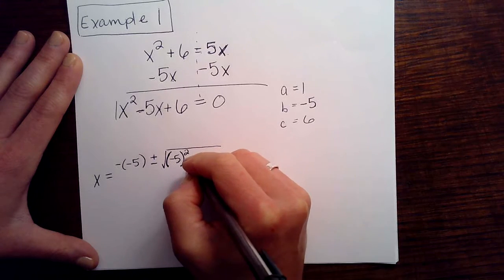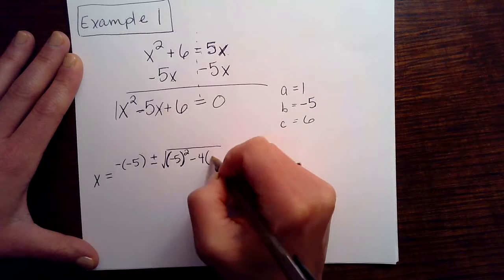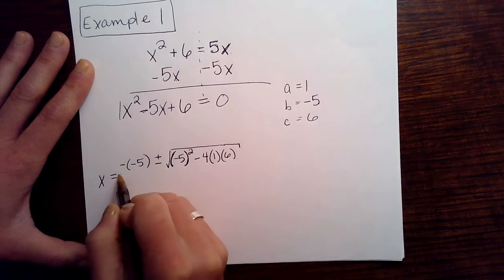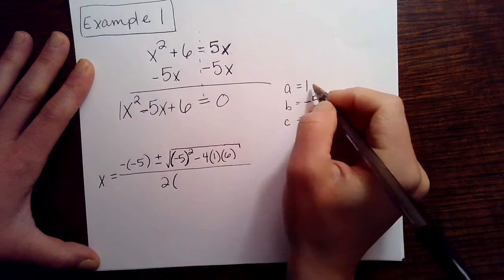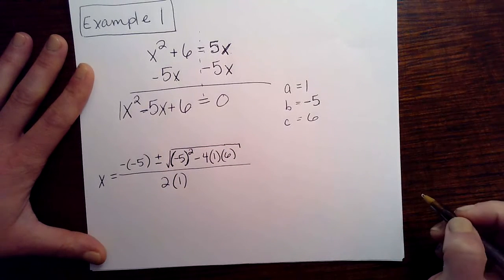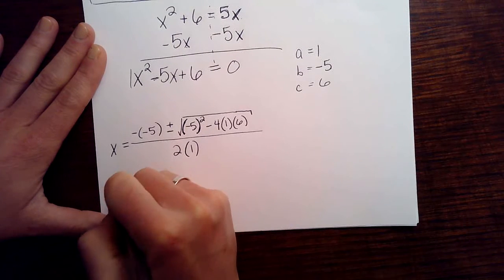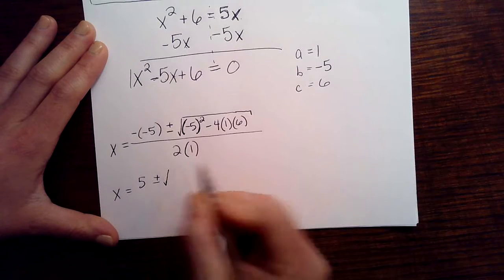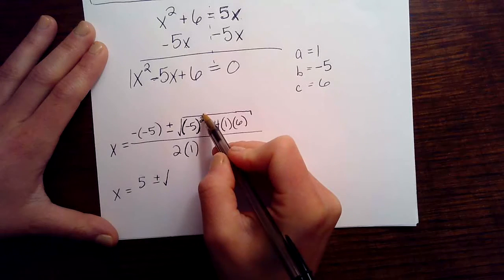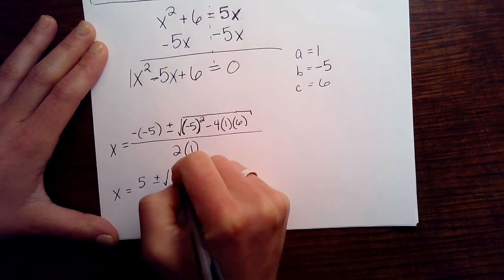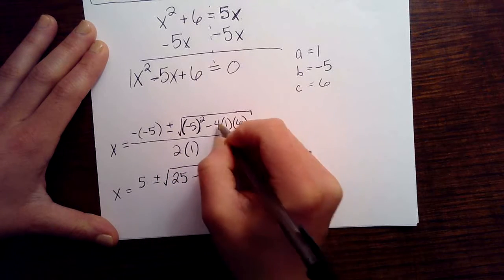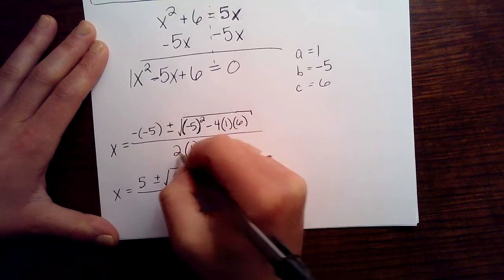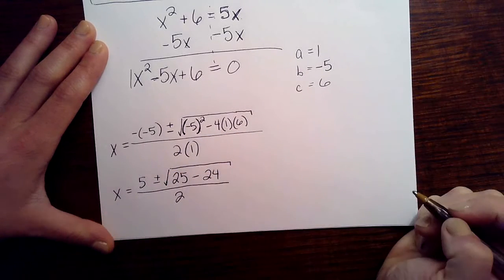Next, b squared minus 4 times a, that's 1, times c, which is 6, all over 2 times, in this case, 1. Let's simplify that. X equals the opposite of negative 5, which is positive 5, plus or minus the square root of negative 5 squared, which is positive 25, minus 4 times 1 times 6, which is 24, all over 2 times 1, which is 2.